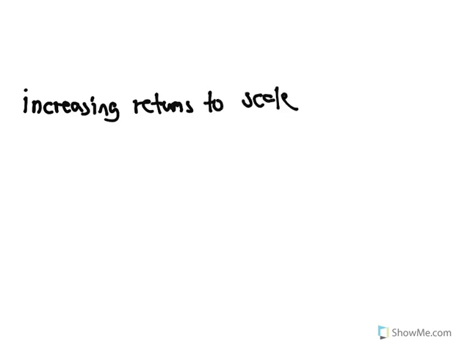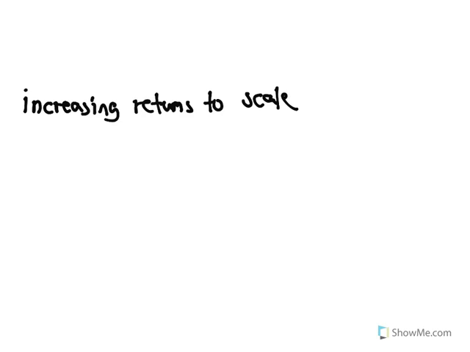The answer has to do with the fact that we can get something called increasing returns to scale. Companies like Walmart do this really well. As you are becoming more efficient, you're adopting, say, mass production techniques. Think Henry Ford and the assembly line, being able to assemble cars faster.